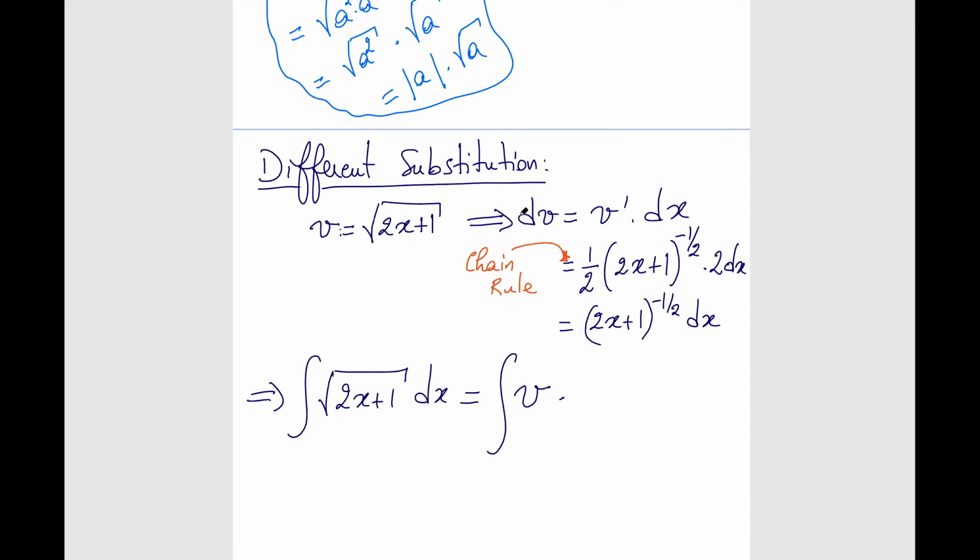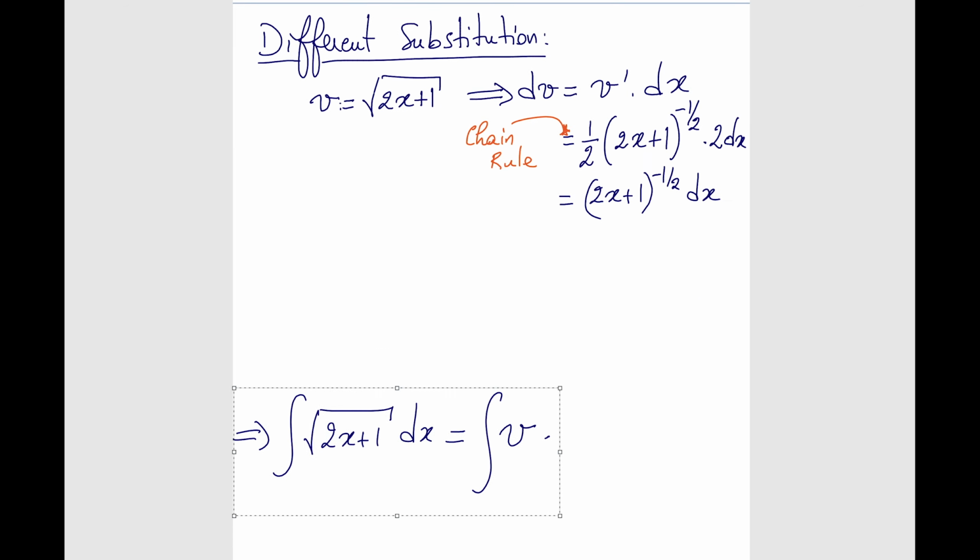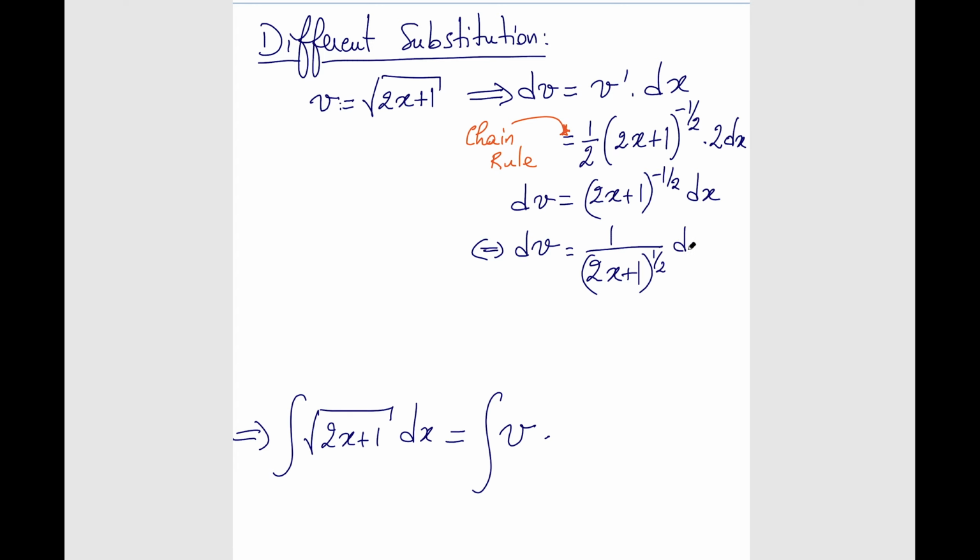Well, what did we find for dv? Let me make some room for us. Look, we found that dv is this. Which means, take a look at this. This guy means 1 over 2x plus 1 to the power half. You agree that this minus sign means the reciprocal?